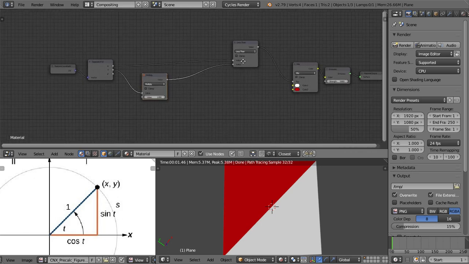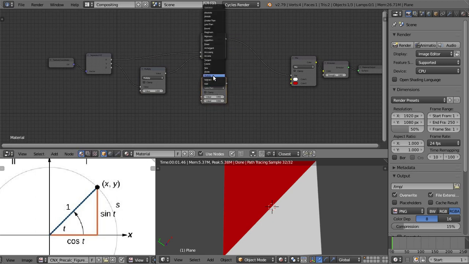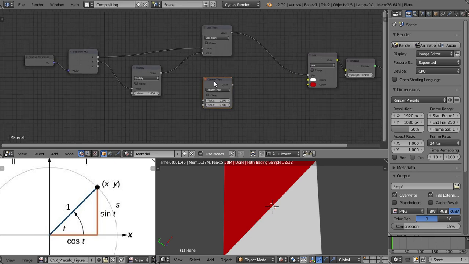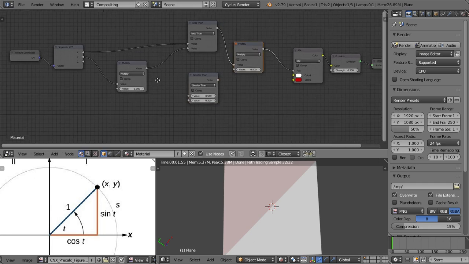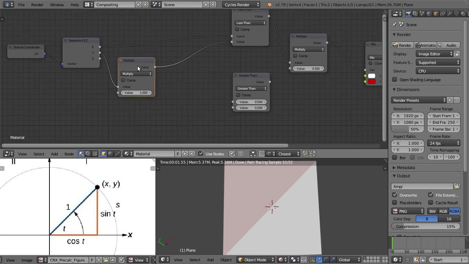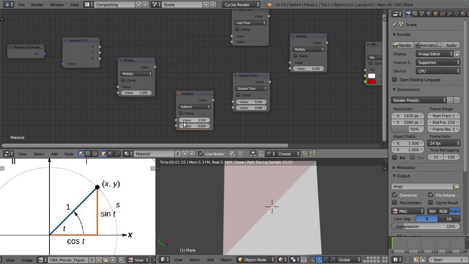And what we can do is less than and greater than. Multiply that. And then so we are getting a slope.